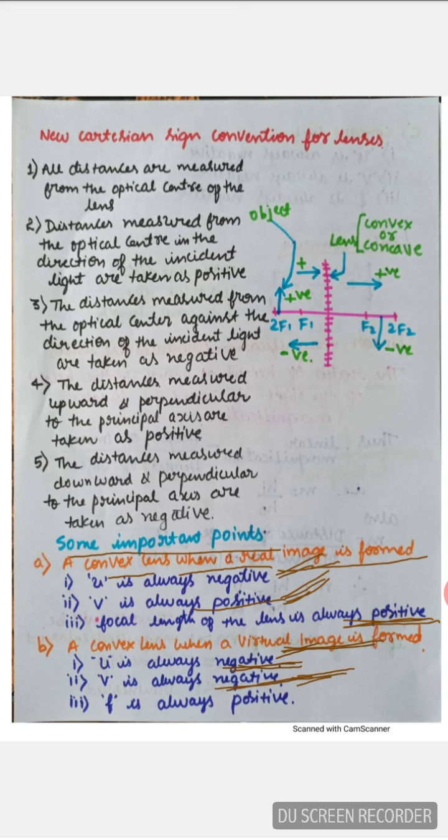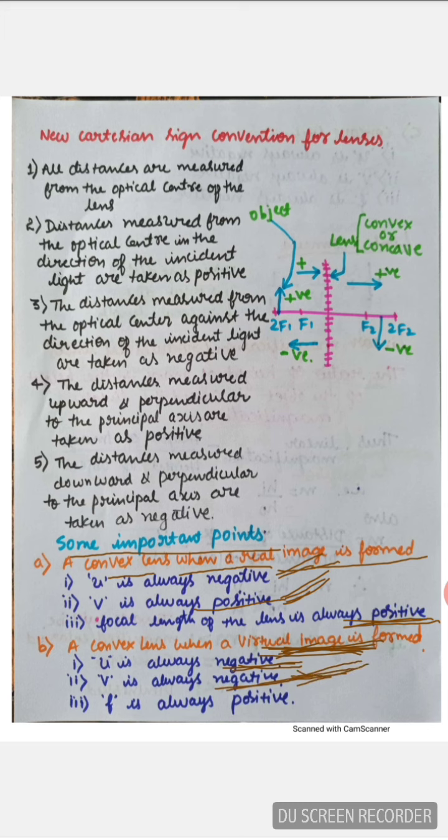So the image is on the left side, and it is virtual and erect. That is the reason why in the case of a convex lens, when the image is virtual, v will be negative, that is, image distance will be negative.